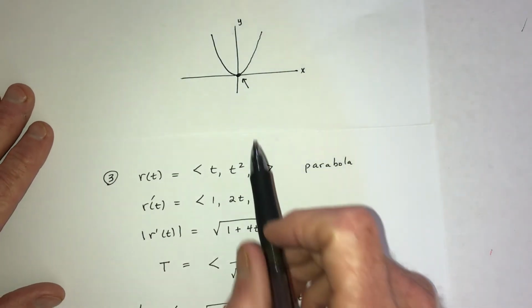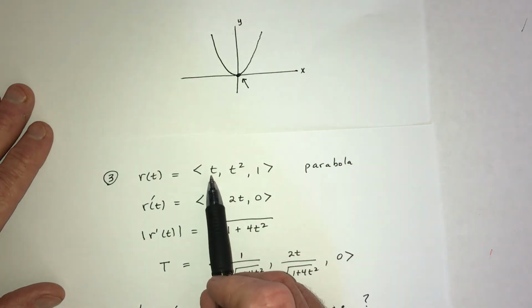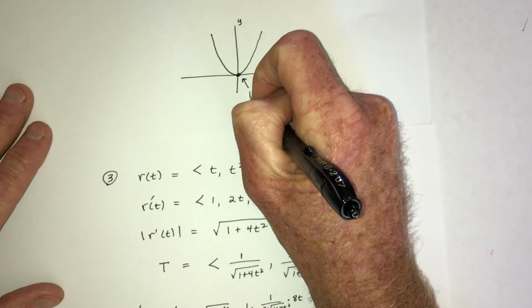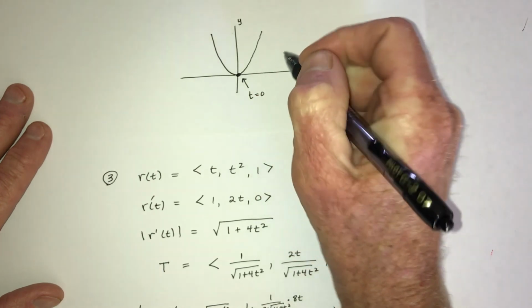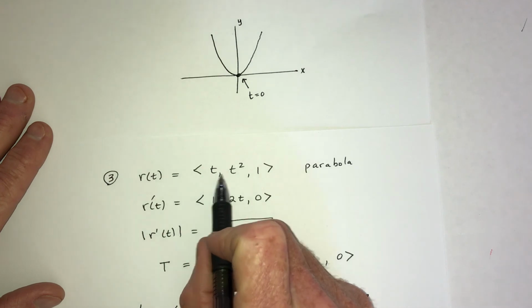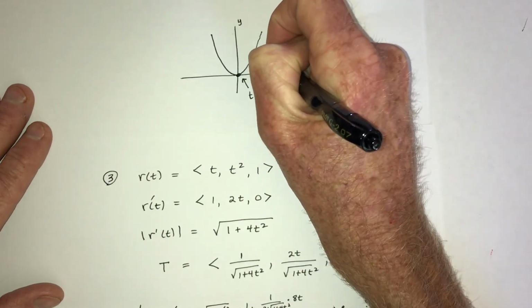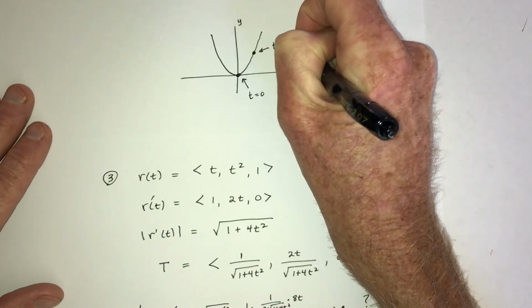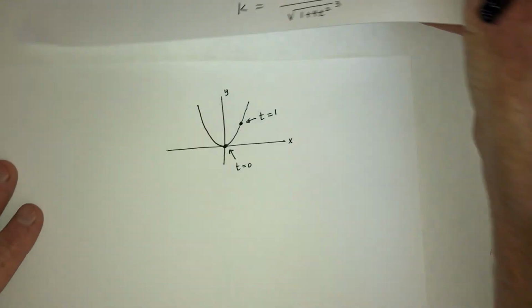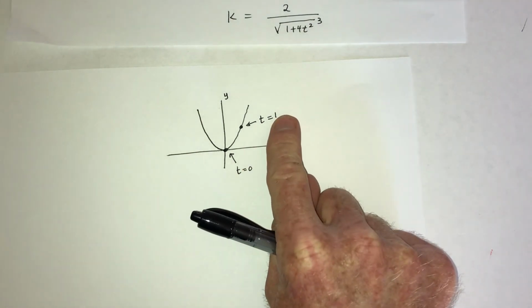And if you do that, then right here, that's the vertex, so that would be 0, 0. Well, to make this 0, 0, that's t equals 0. And then if you plug in a 1, this is going to be 1 and 1. So that would be approximately right here. Okay. So let's find the curvature right there and find the curvature right there.